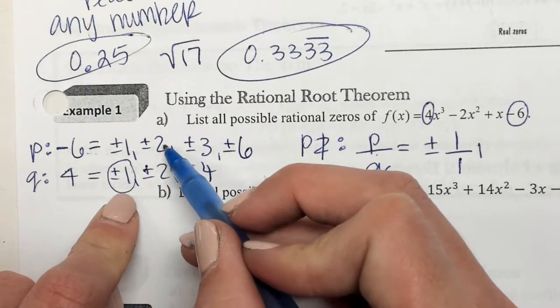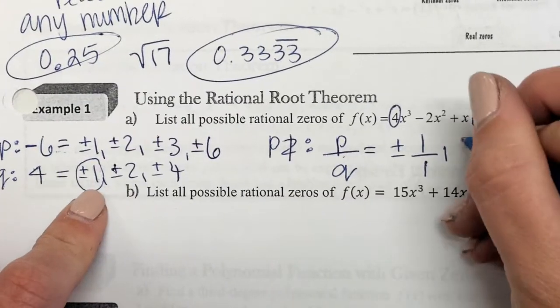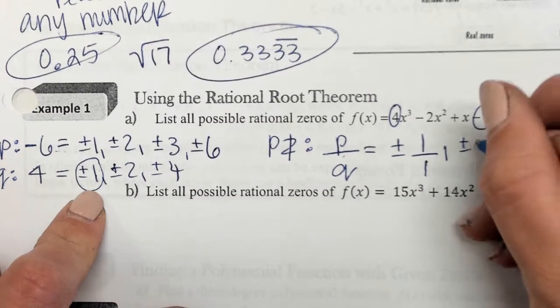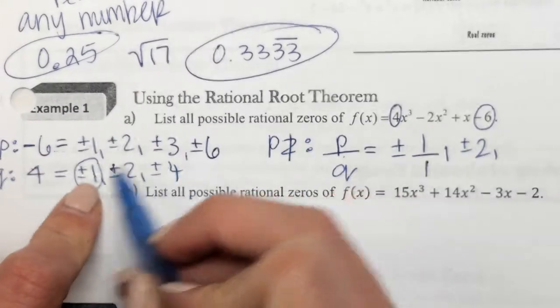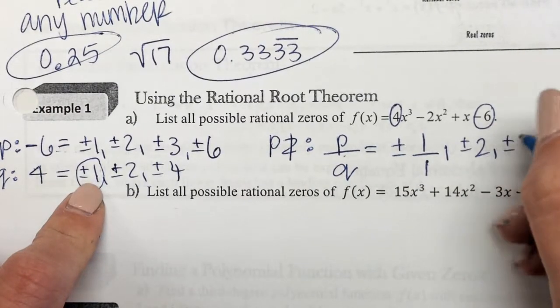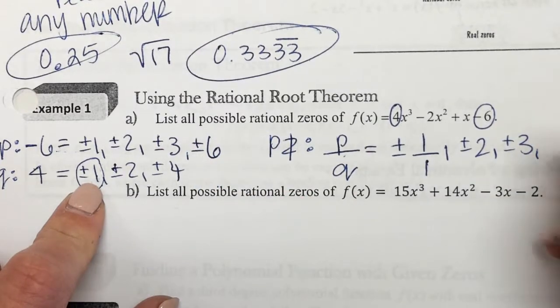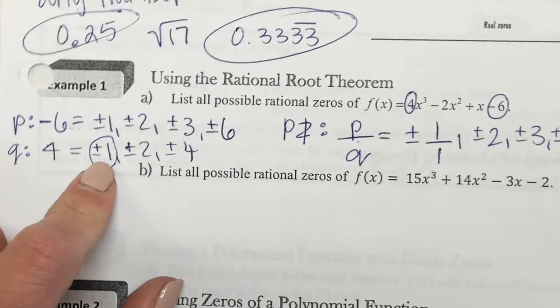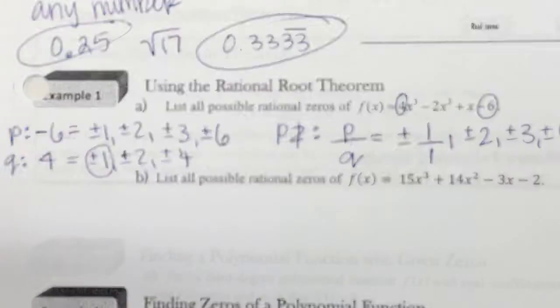So this will be plus or minus 2 over what? Just this one right now. 2 over 1, so just 2. Plus or minus 3 over 1. Plus or minus 6 over 1.